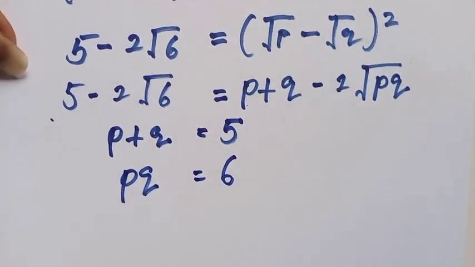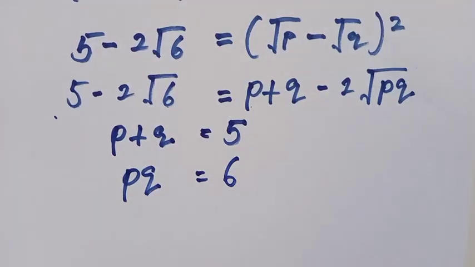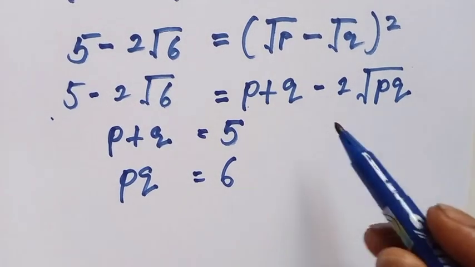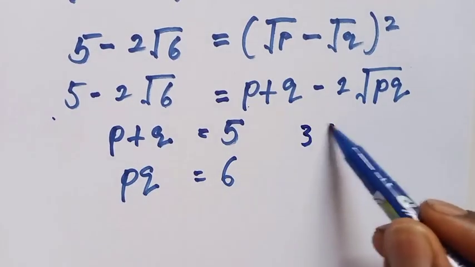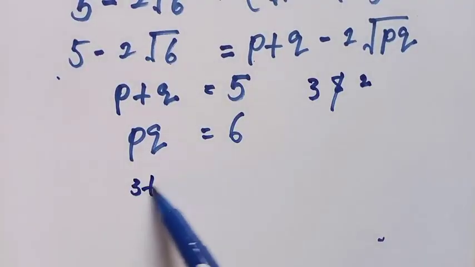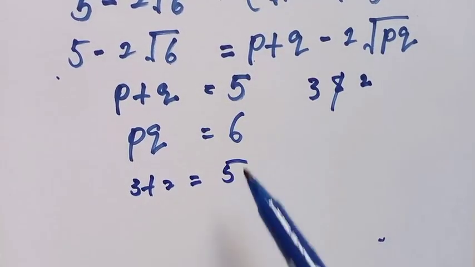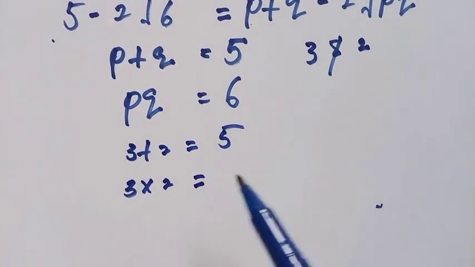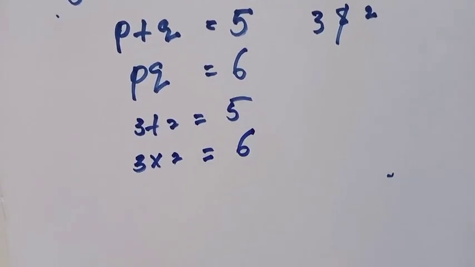So now we have to find two numbers that when we add them, it becomes 5, and when we multiply, it becomes 6. So our numbers are 3 and 2, because 3 plus 2 is equal to 5, and 3 times 2 is equal to 6.